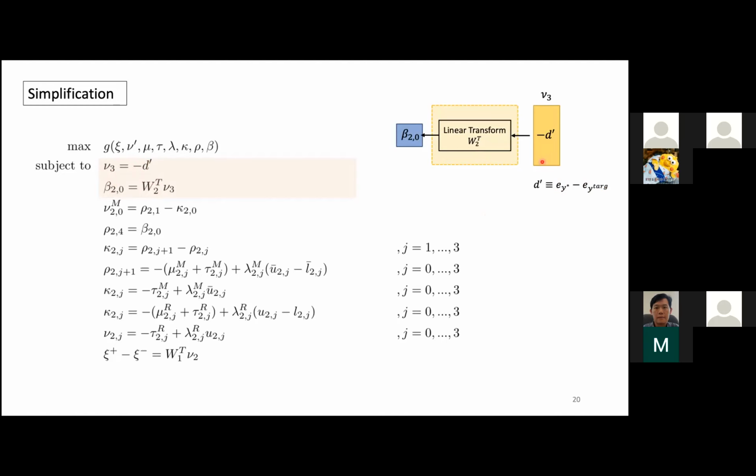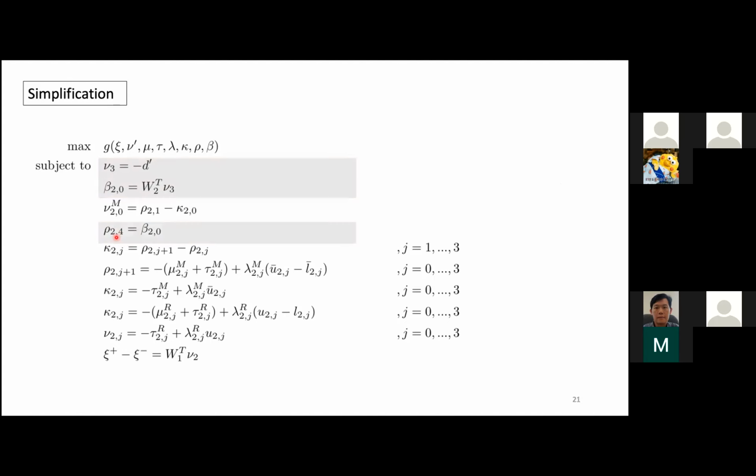So d prime is also a vector, and if you have a beta, then this constraint tells us that this is equal to the rho 24. So then we have a rho 24 now, and here I use the gray color to represent the parts I have already eliminated.